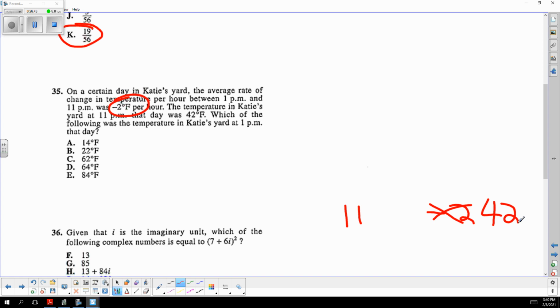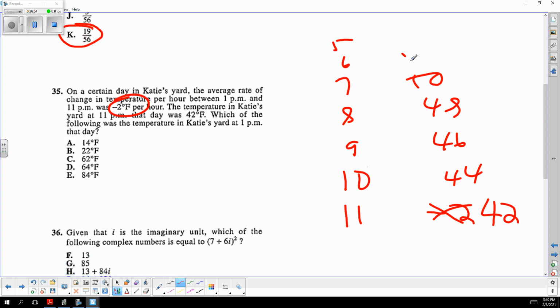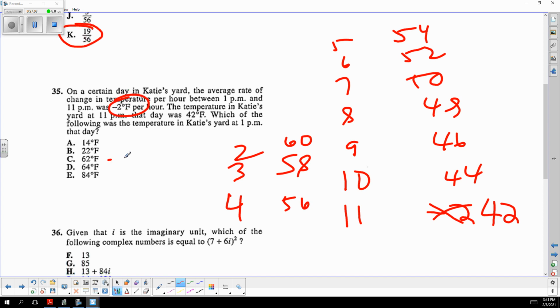So what I did was I just did it by hand. I just said, all right, we're going to add 2 to go backwards, since it's been falling 2 the whole day. So at 5 p.m. it's 54, 4 p.m. 56, 3 p.m. 58, and 2 more 2s, so it's 62.